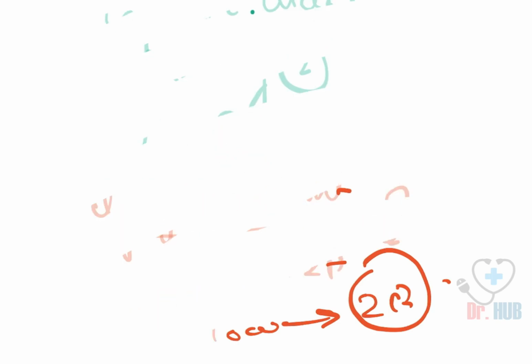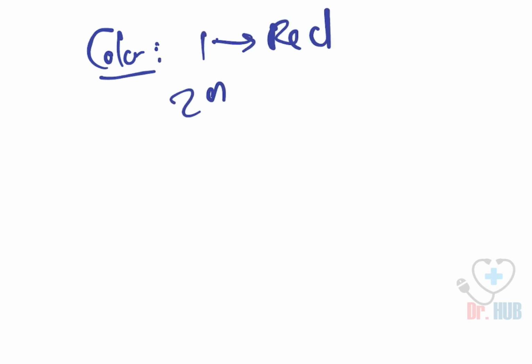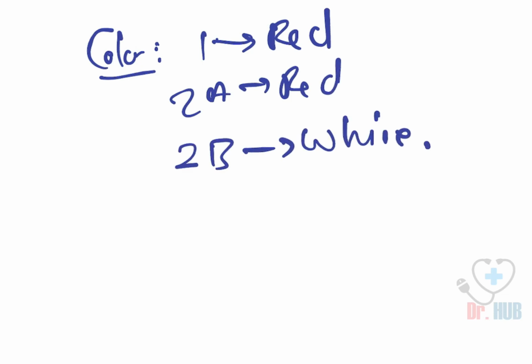Then the color: in type 1 the color is red, in type 2A it is also red, and in type 2B it is white.